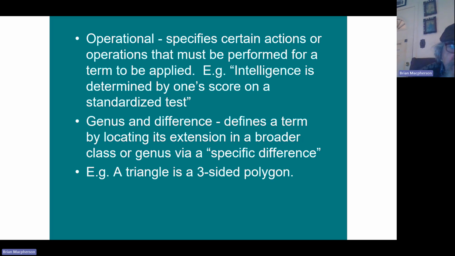Polygon is the genus, and three-sided is the specific difference. So that's called a definition by genus and difference. A car is a motorized vehicle used for transportation. Vehicle is the genus. Used for transportation and motorized are specific differences. So those are called definitions by genus and difference.